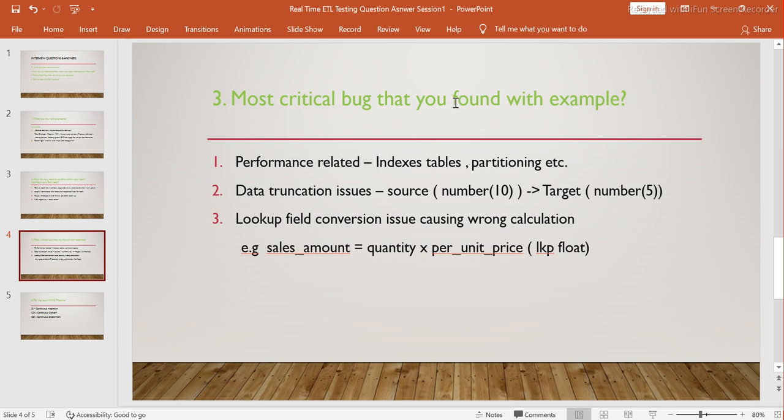Because in your whole lifetime, you have discovered not only one or two but so many defects, right, and so many critical bugs also, right? But you can just give some example. So for example, you can say, okay, performance related issues.